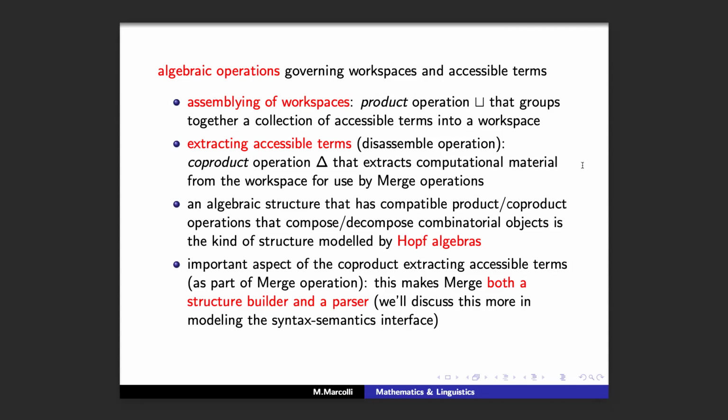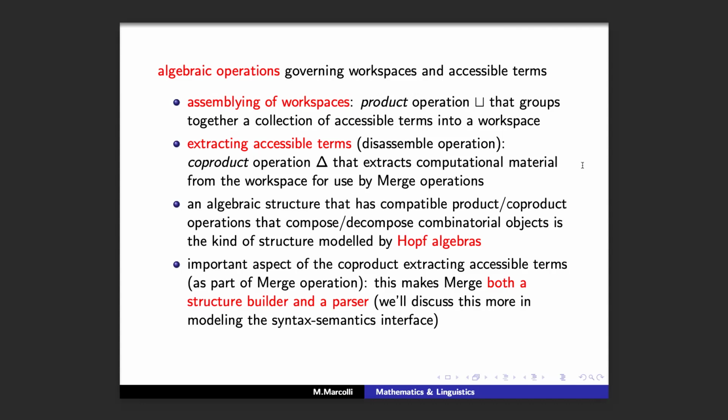So anyway, just to make a concluding point on this. The assembling operation, well, you just assemble a workspace, right? You're saying, okay, I want to start some structure formation. I have a bunch of lexical items that are going to become part of my sentence. So the first operation takes these partially built structures and puts them together.